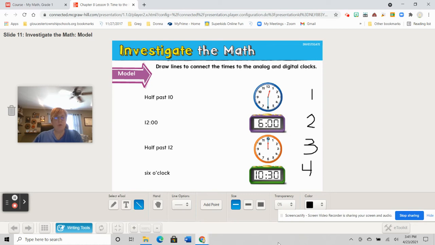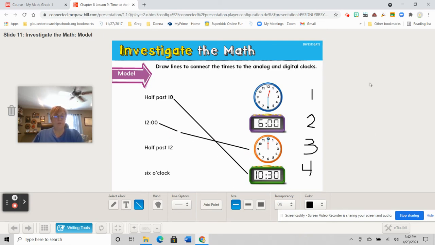Okay, so now you have your answers written. The clock that shows 10:30 is number 4. Okay, which clock shows 12 o'clock? Clock number 3. So you could have written the number 3.